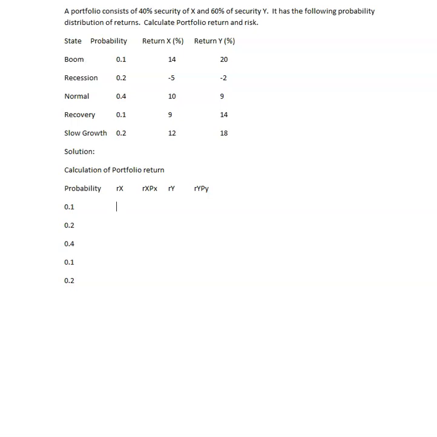Now return of X is already given to us, it is 14%, and next we have minus 5%, next 10%, next 9% and 12%. Now we multiply the probability with the return of X. 0.1 into 14 is 1.4.